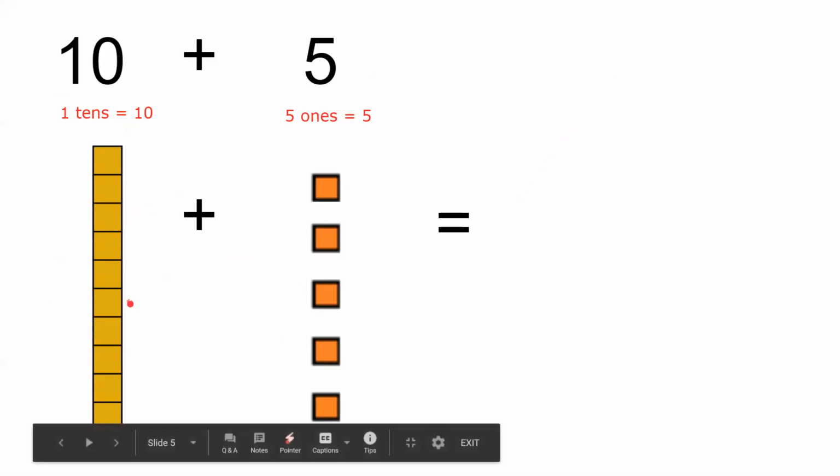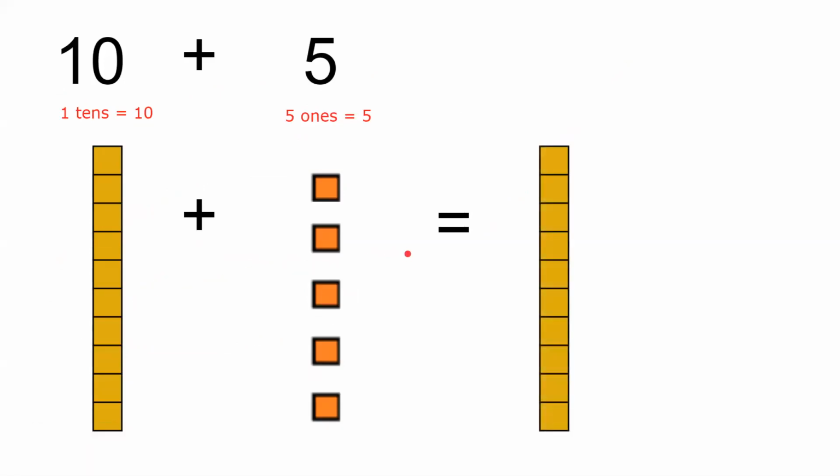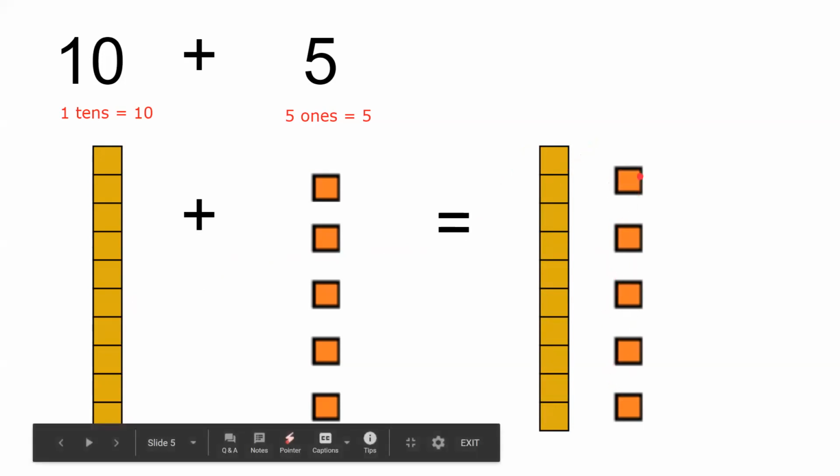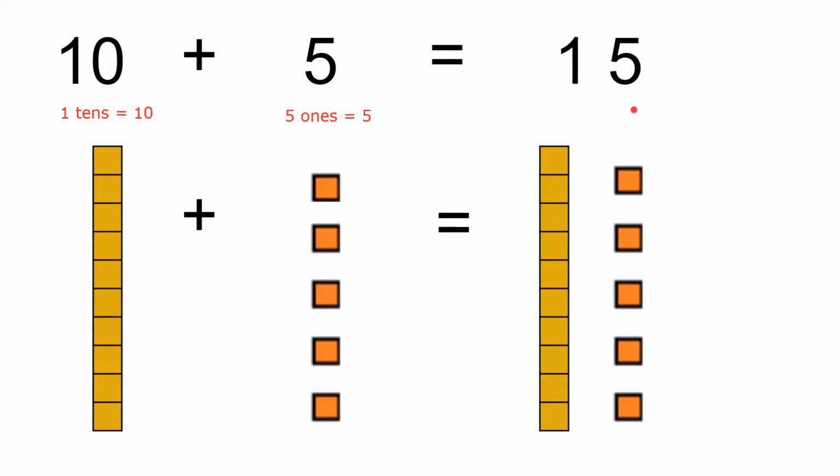If I join these two, if I add these two, what will I get? I will get 1 ten block and 5 ones. Now what is this number? This is 10, 11, 12, 13, 14 and 15. So I will write 15 here like this.